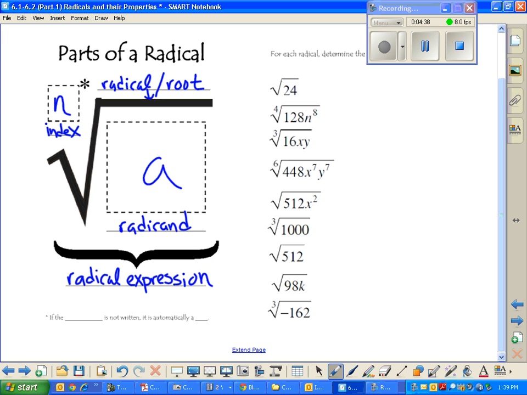Sometimes there's no number there at all, like in your warm-up. If the index is not written, it's safe to assume that the value of the index is actually a 2, in which case you're taking a square root.